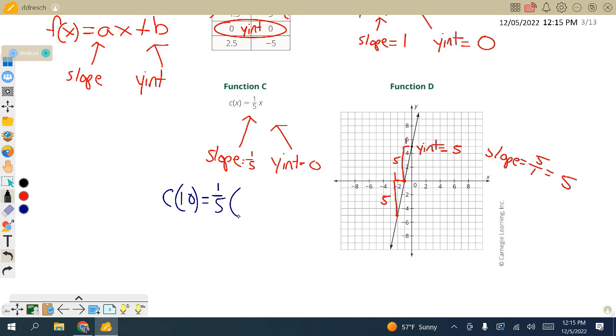So 1/5 times 10, this is where our calculators come into play. And we type in 1/5 times 10. When you type it into your calculator, you all can do this without a native calculator. We're just dividing. What's 10 divided by 5? 2, right? So the answer is 2. Okay, cool. We're about to do that again here in just a moment.